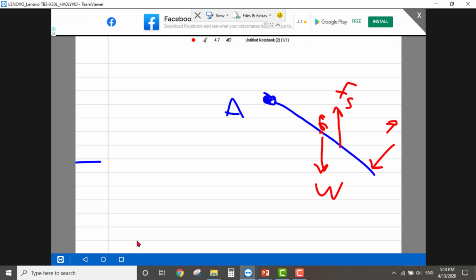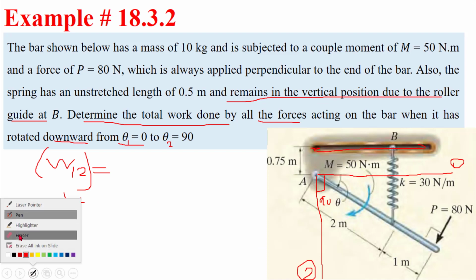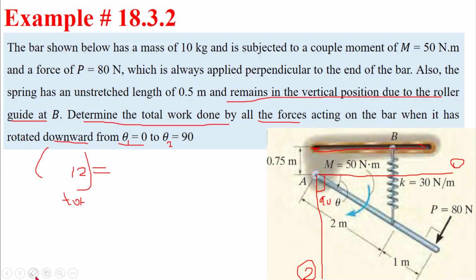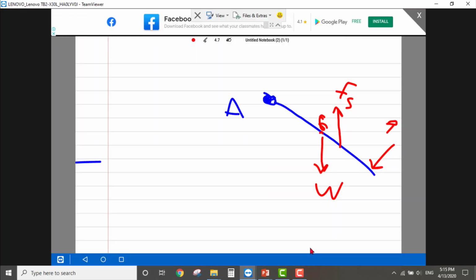By the way, this is not W, sorry. We agreed last time that the work is U. So let me go back to this board. So yes, this is weight.